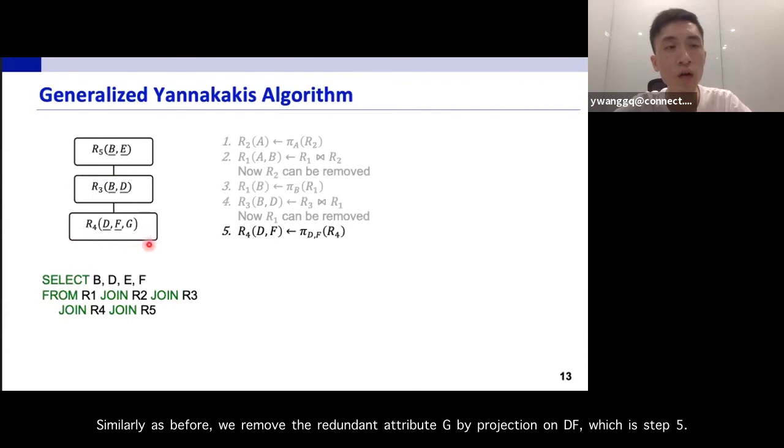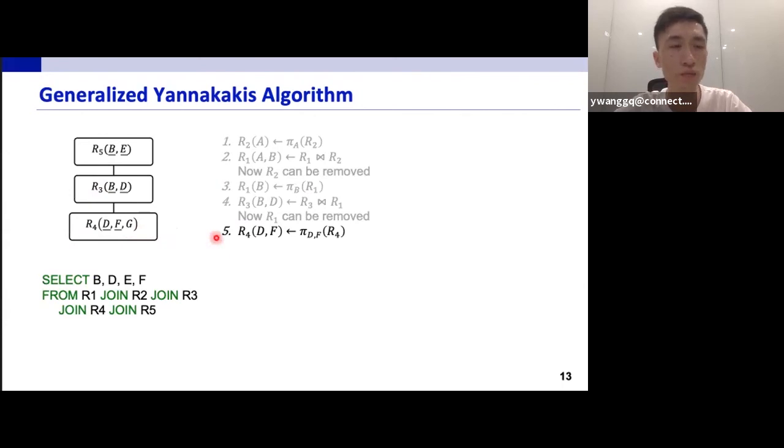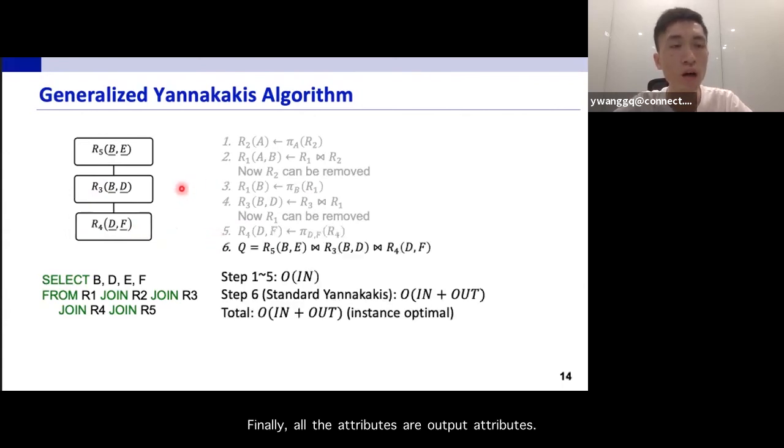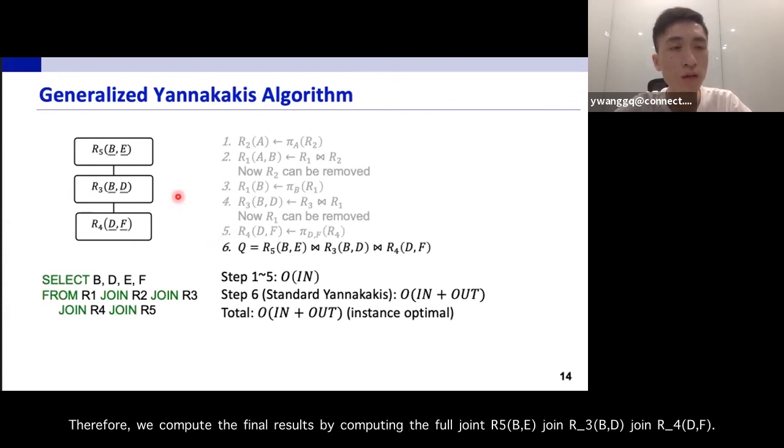Similarly as before, we remove the redundant attribute G by a projection on DF, which is step 5. Finally, all the attributes are output attributes. Therefore, we compute the final result by computing the full join R5(B,E) join R3(B,D) join R4(D,F).